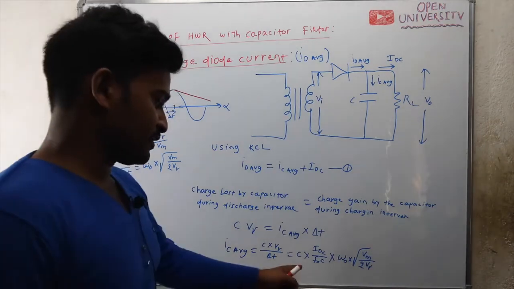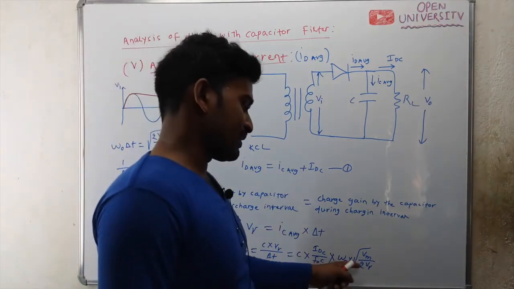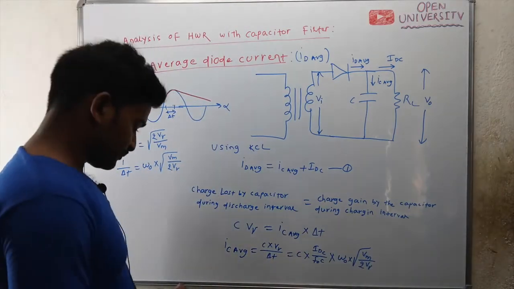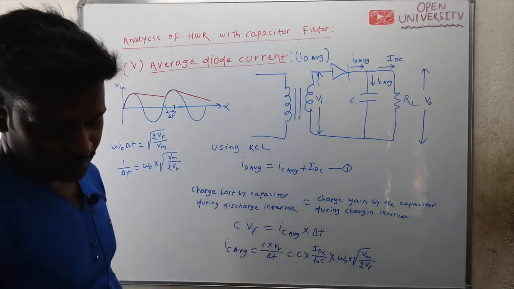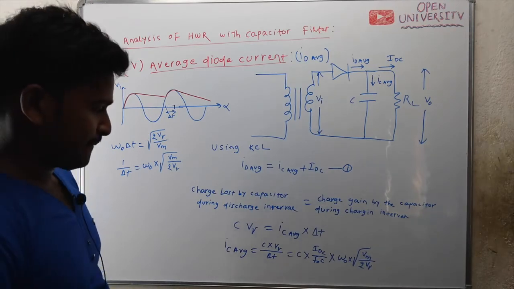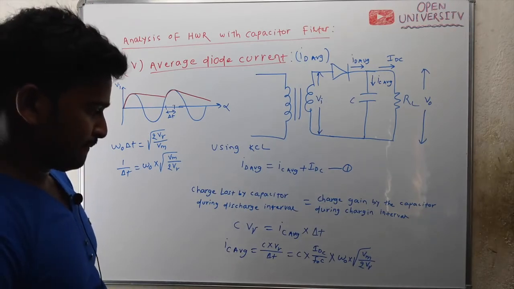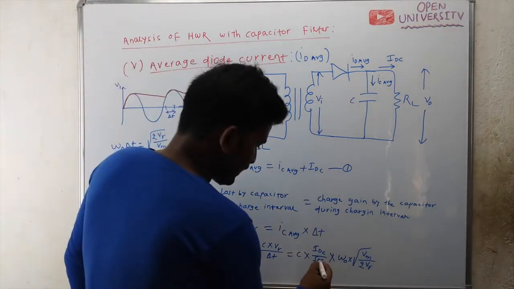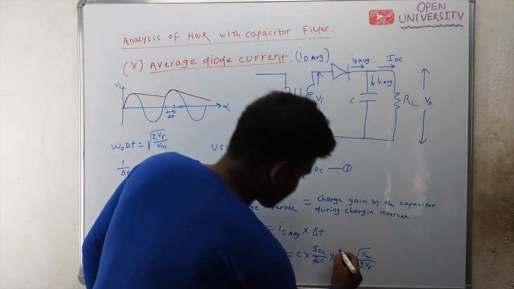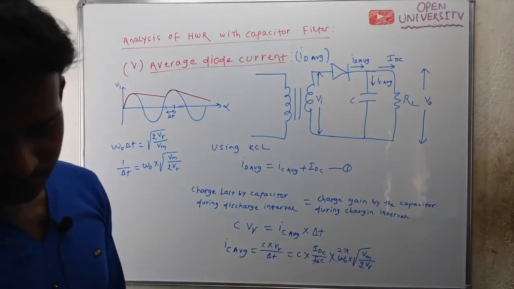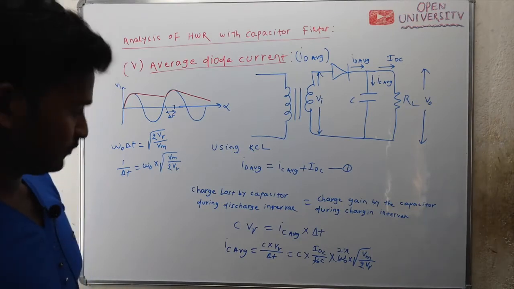So IC average equals C into VR into omega naught into under root of Vm by 2 VR. So here f naught and omega naught will cancel, leaving 2 pi.